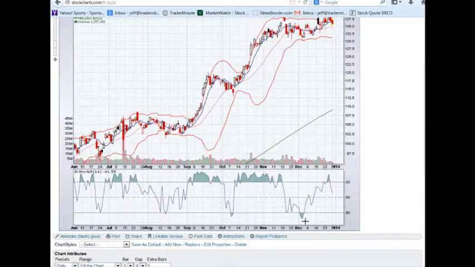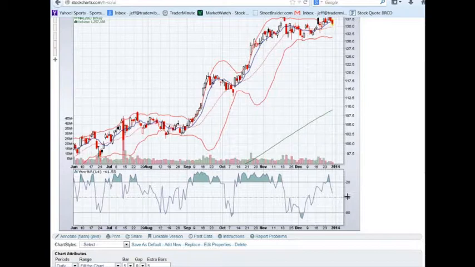But when the market's in some sort of trend, you can buy those overbought positions because the chances of them staying overbought for a longer period of time are much higher in a bull market. And in a bear market, the chance of staying oversold for a long period of time is much greater.